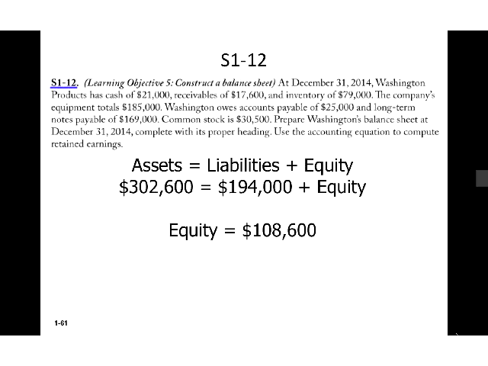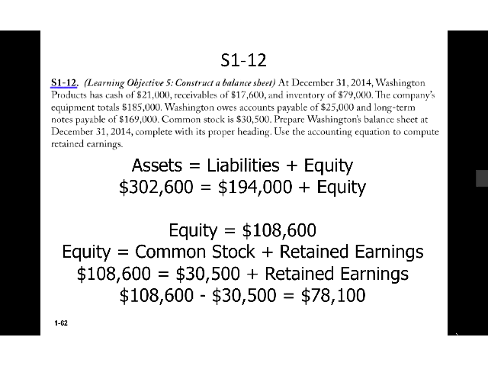Now, I'm not done yet, because by now we've forgotten what we're doing in the first place. The problem gave us common stock, but did not give us retained earnings. So we are getting closer now. We know that our total equity is common stock plus retained earnings. So now I can substitute in what I know.